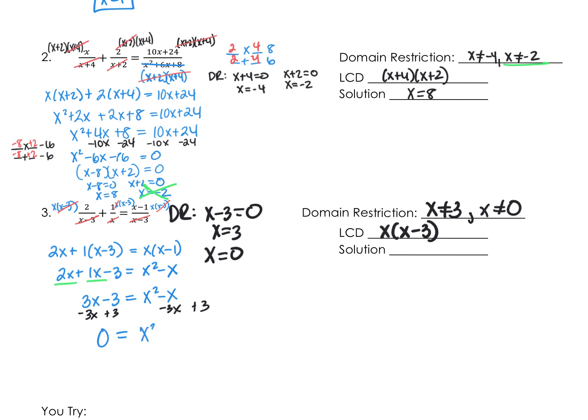So you should end up with x squared minus 4x plus 3, and then you should factor from there and find your solutions. Go ahead and finish that on your own. Make sure to check your answers with your domain restriction once you get there.